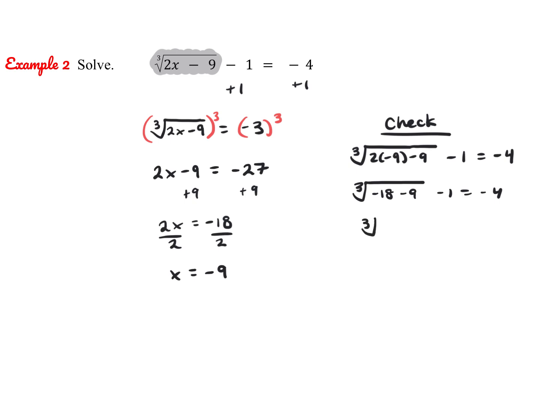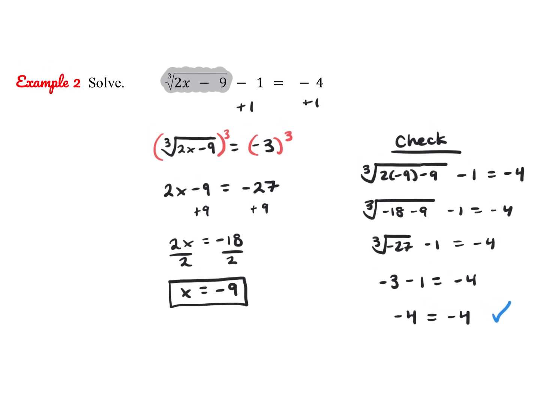So that's the cube root of negative 27 minus 1. The cube root of negative 27 is negative 3. And we see that negative 3 minus 1 is negative 4. So we have shown that the left side equals the right side when we substitute x equals negative 9, which again means that it is a valid solution.